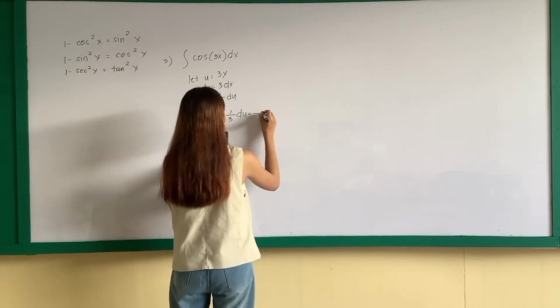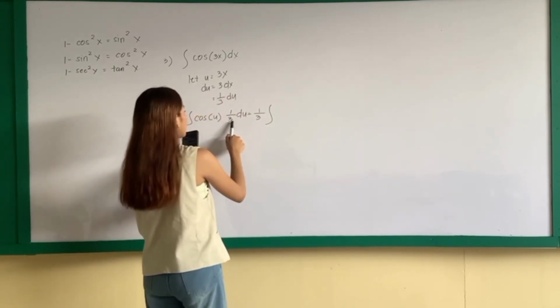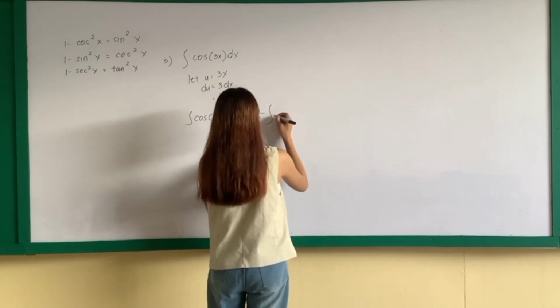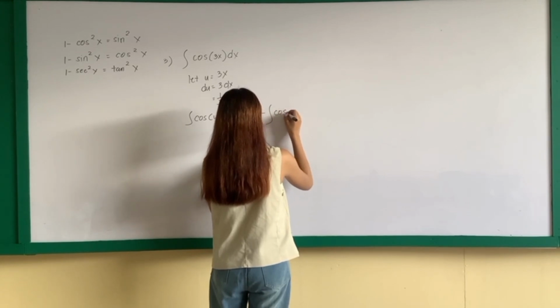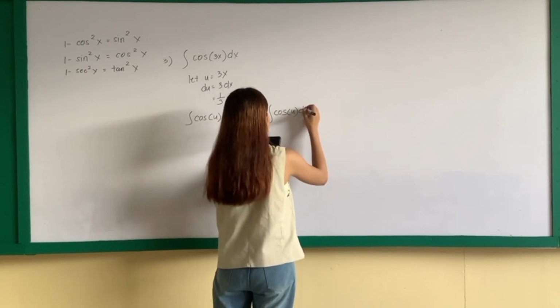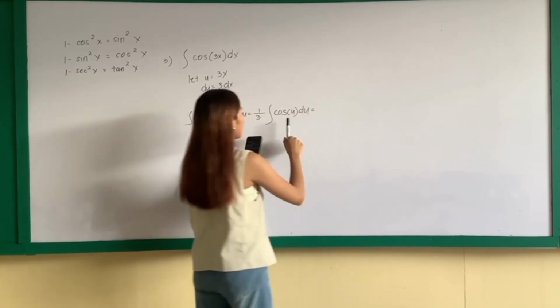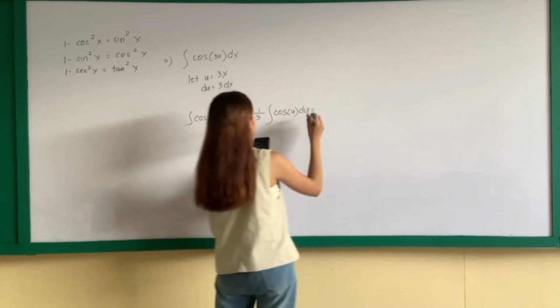Then we take the 1/3 outside of the integral sign. So we have 1/3 the integral of cosine u du. And let's integrate cosine.